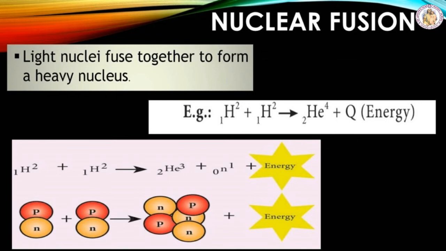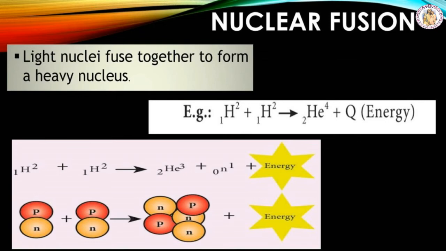Isotopes of hydrogen, 1H2, that is deuterium. Two isotopes of hydrogen are fused in this process, forming a heavier nucleus.